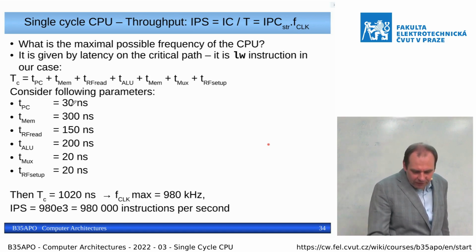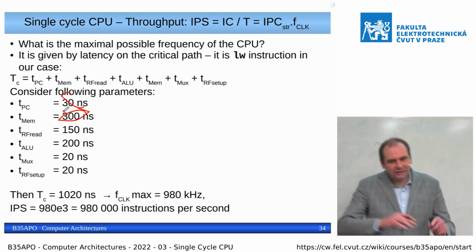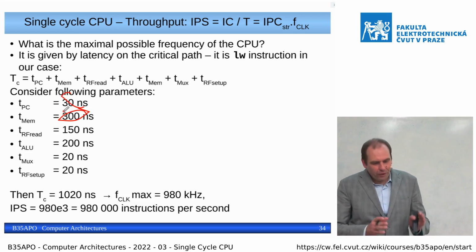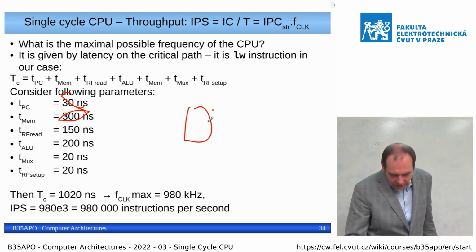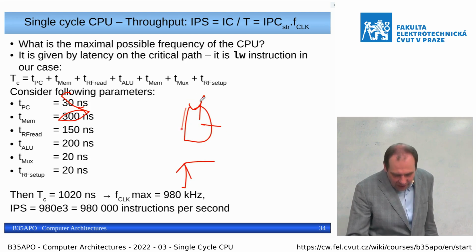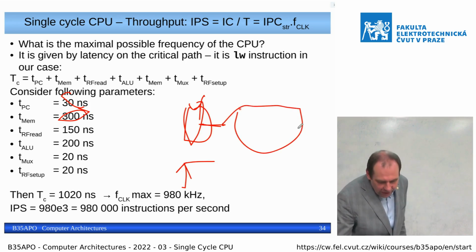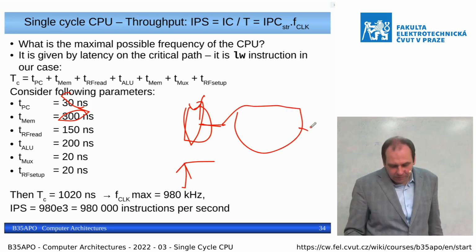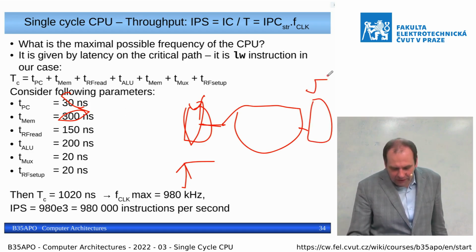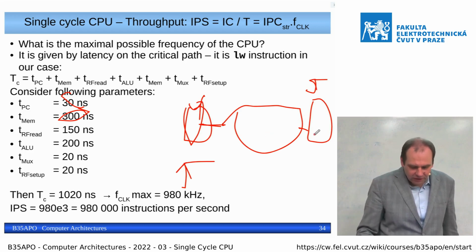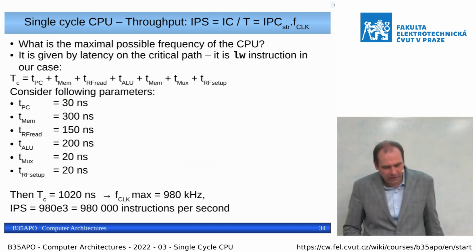If we have those times and we find the longest loop in our design from one register to another register, then it takes some time after the clock rising edge, when the data are captured, to propagate on the output, then they need to propagate through the whole logic, and then there has to be some setup time before the data are correctly accepted by the clock on the next registers or memory and so on.